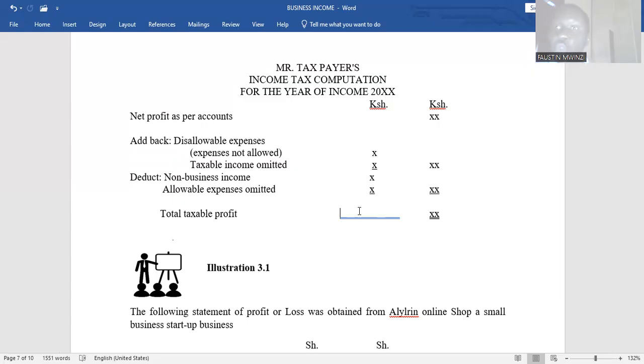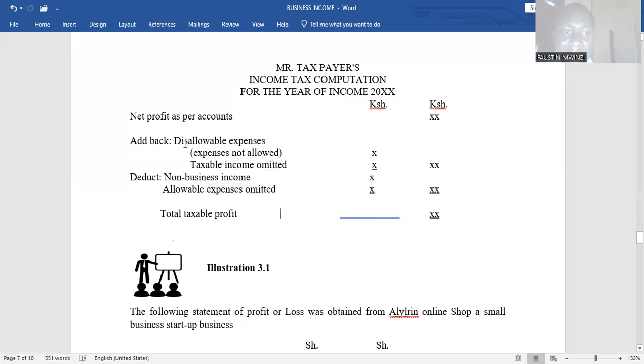What they disallow is your own estimate, and they replace it with theirs, the equivalent of depreciation, which we call capital allowances.